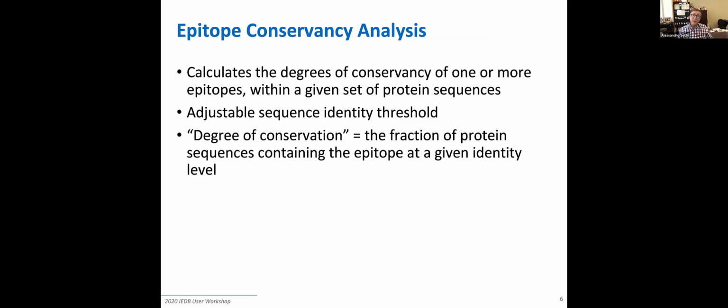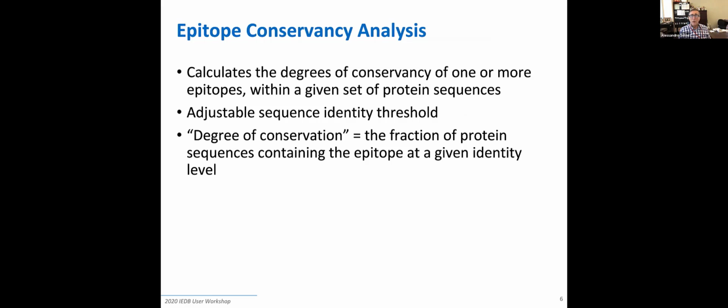Another tool is a conservancy analysis tool. So this is a situation where you may have one or more epitopes, and you want to know, is this epitope conserved in a set of different proteins that you want to analyze.